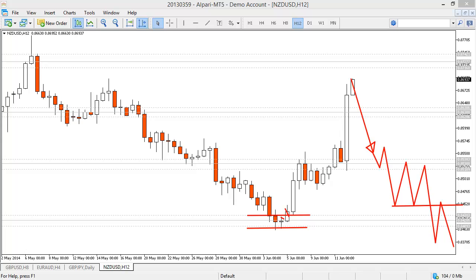I wouldn't place support resistance on the daily to use on the 4-hour, because the 4-hour or the 8-hour is going to give you a much clearer idea of where the bounces are and a much clearer view on the price action, whereas the daily is a bit too condensed and you don't really get a clear view on price action.